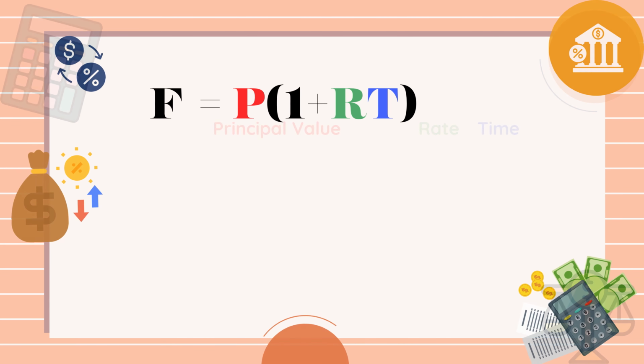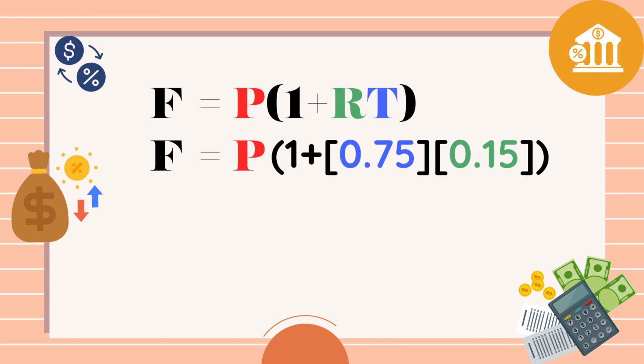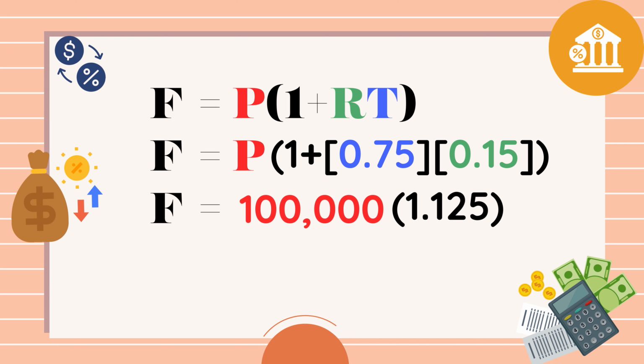Using this formula, we multiply 0.75 by 0.15 and add 1, giving us 1.125, and all we have to do then is multiply 1.125 with our principal value, giving us the number we had obtained earlier.